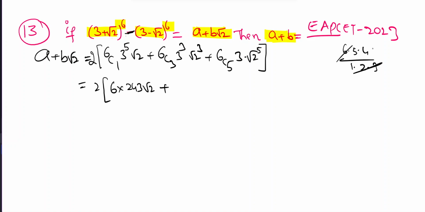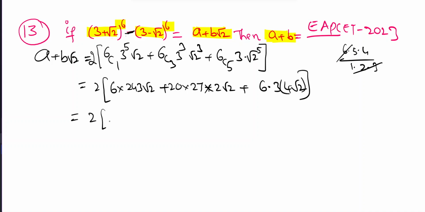The 2, 3, 6 cancel, and 5 4s are 20. This is 27 times root 2 whole cube, that is 2 root 2, plus 6c5, which is 6 into 3 into root 2 whole power 5, that is 4 root 2.